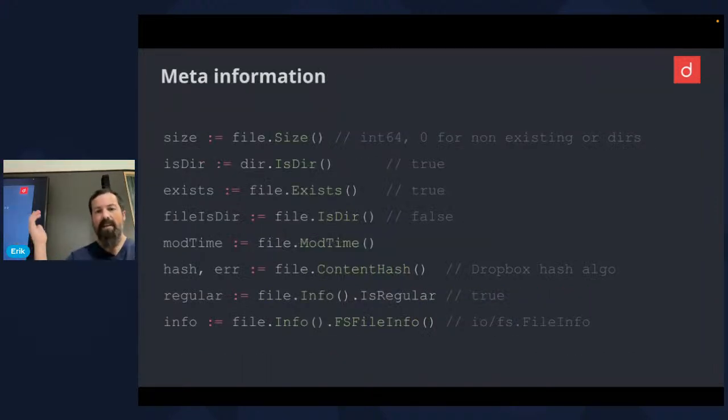Of course, how to access the meta information of files. It's also a little bit more convenient than the OS standard package. Also, content hashes are supported out of the box because of historical reasons. I'm using the algorithm that Dropbox is using for the content hash because we also have a Dropbox file system.